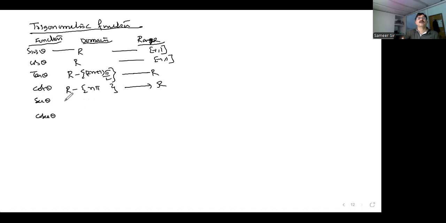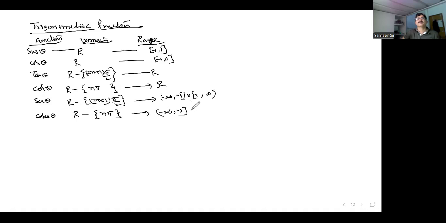This is also R. And this is what? R minus (2n plus 1) pi by 2, n is integer. You need not worry. Here, minus infinity to -1, union 1 to infinity. And here R, what is that? N pi, you can write, and range is minus infinity to -1, union 1 to infinity.